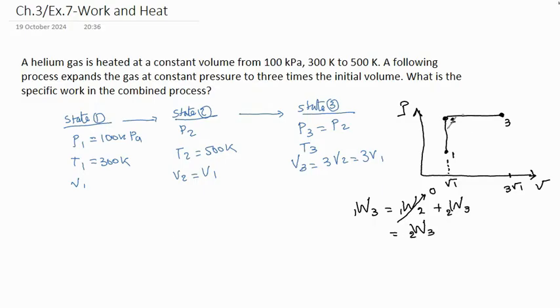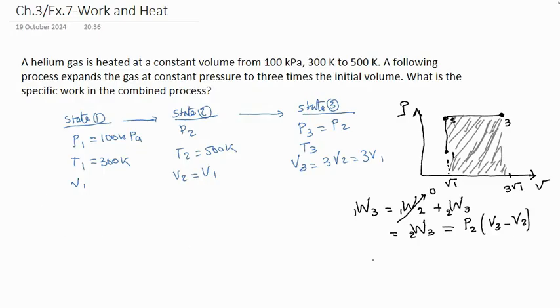Remember, the work is the area shown here in gray color, which is now equal to, since the pressure is constant, P2 equal to P3, the variation of volumes between 3 and 2.